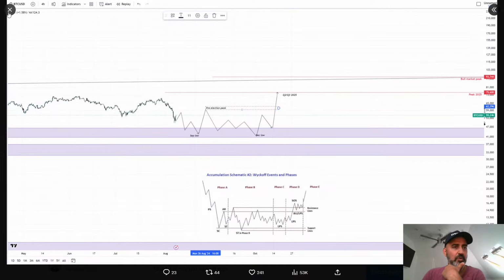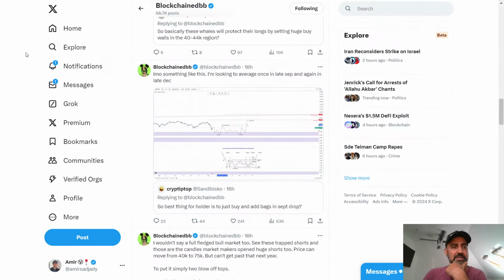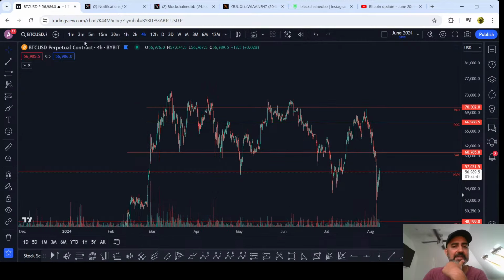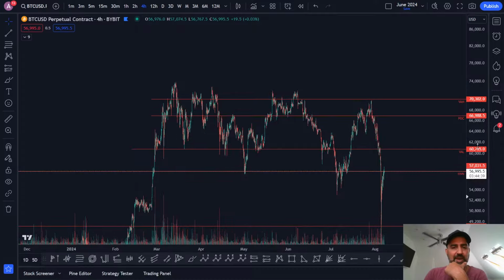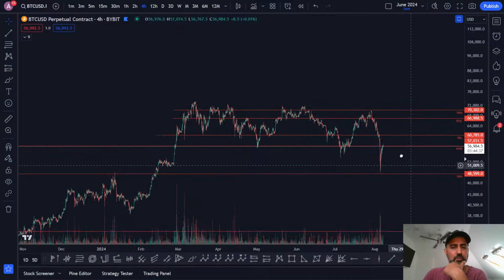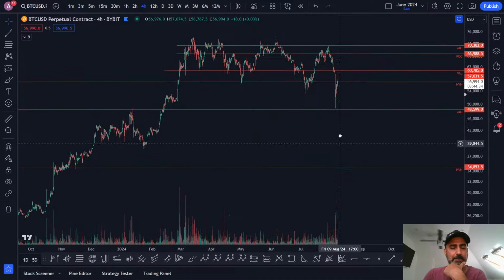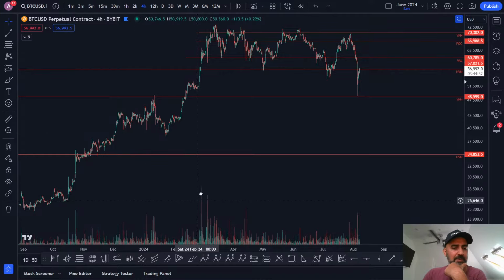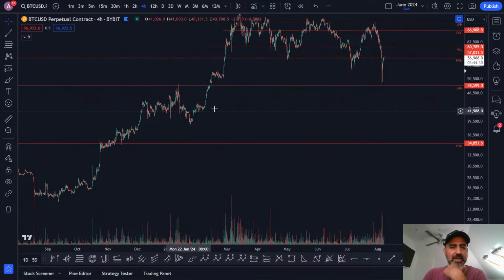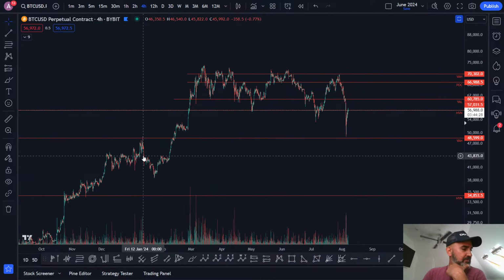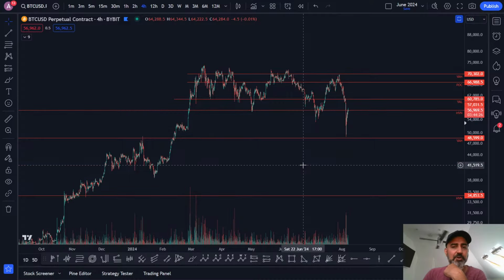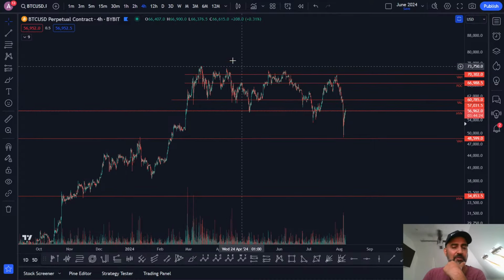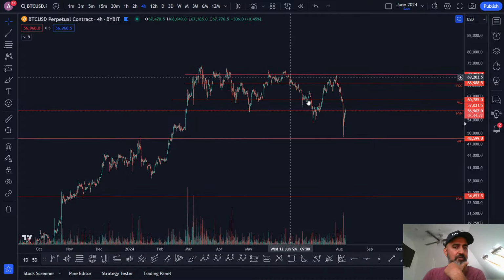What she's suggesting is that this whole range that we've experienced has been whales dumping on the market, and they probably picked up either lower or at the ETF launch at 40k. So they basically increased the value of their portfolio by 50%. They're happy with that, and they're just selling into every rise.